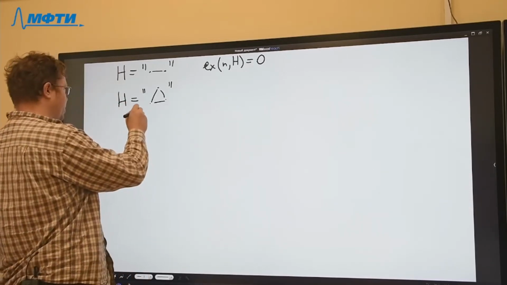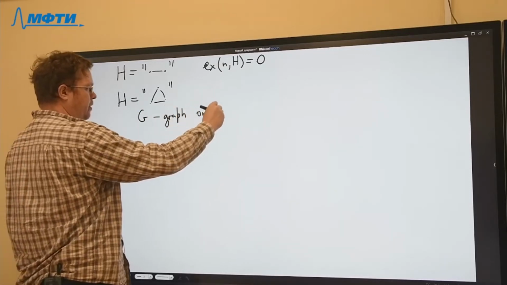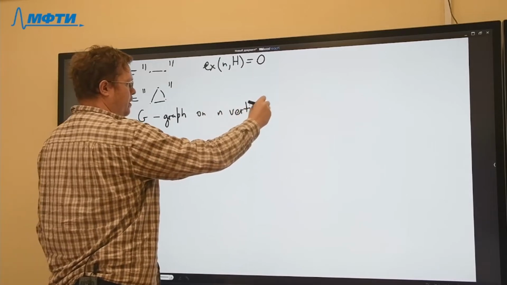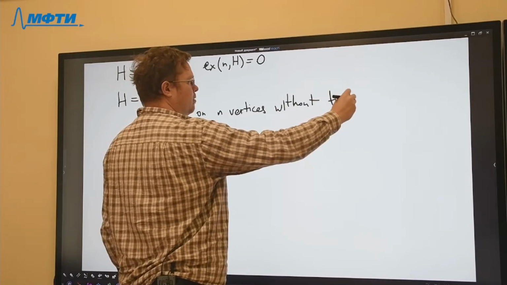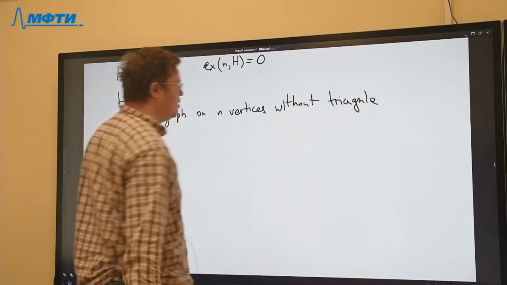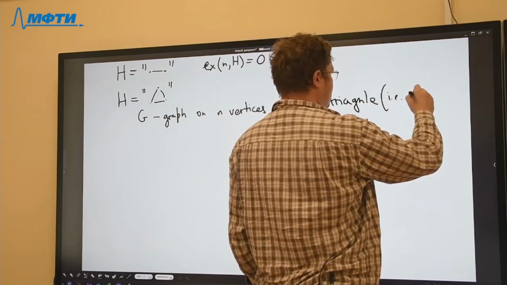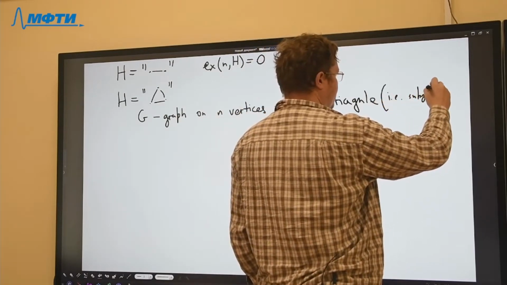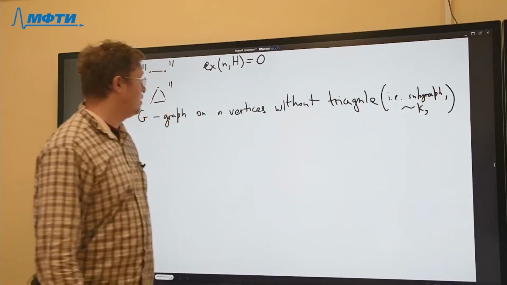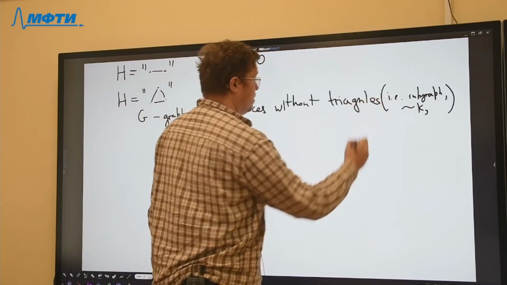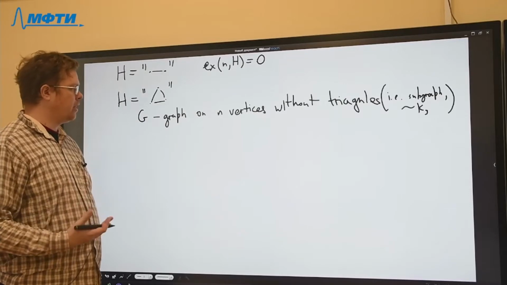So I want a graph on n vertices without a triangle. A triangle subgraph is just a subgraph isomorphic to K3. So how many edges can graph G have?